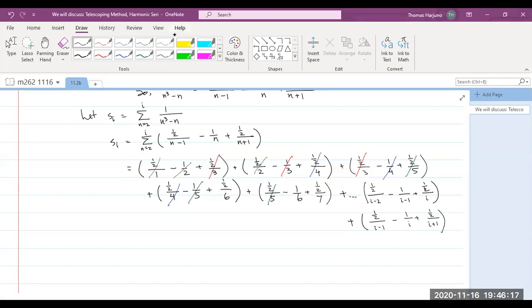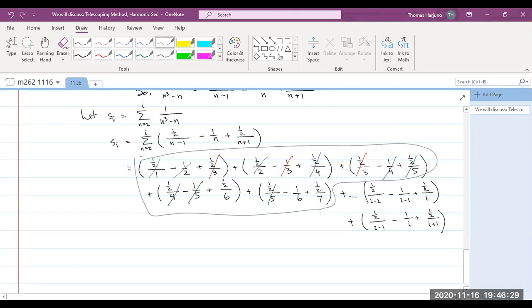Okay, up to the 5th, n equals 2, 3, 4, 5, 6. So when n equals 6, this is what I get: 1/2 over 6 minus 1/6 plus 1/2 over 7.